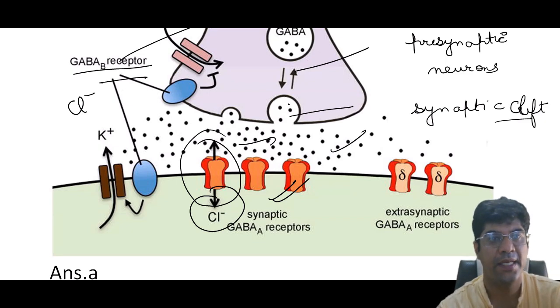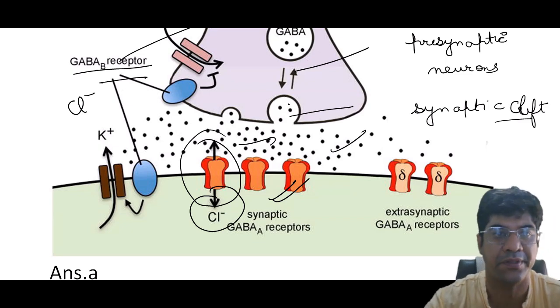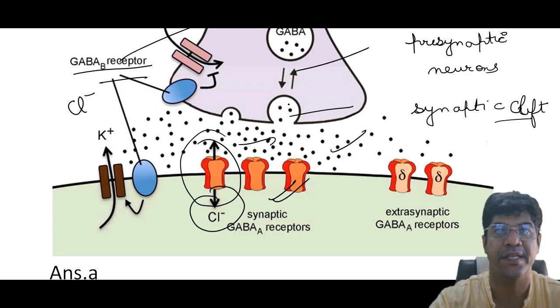And additionally, it can inhibit the calcium ion channels, reducing the release of the neurotransmitters. So your answer is GABA receptors.